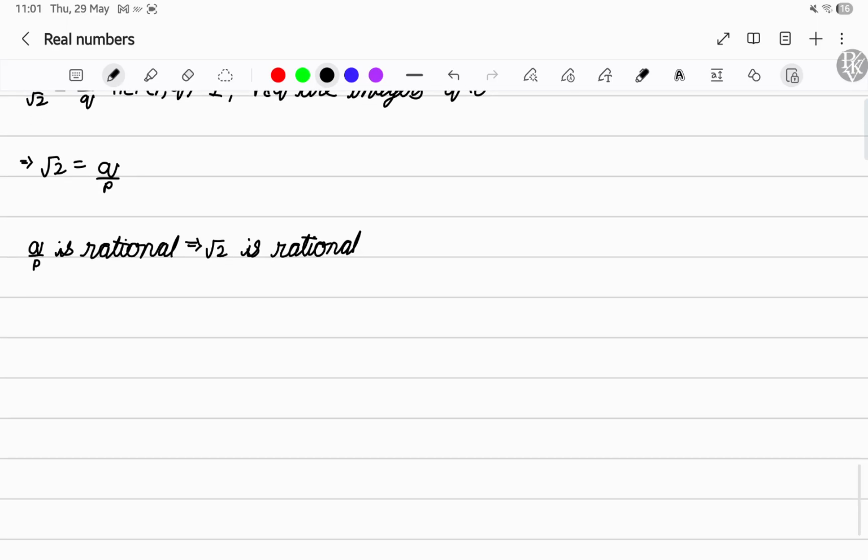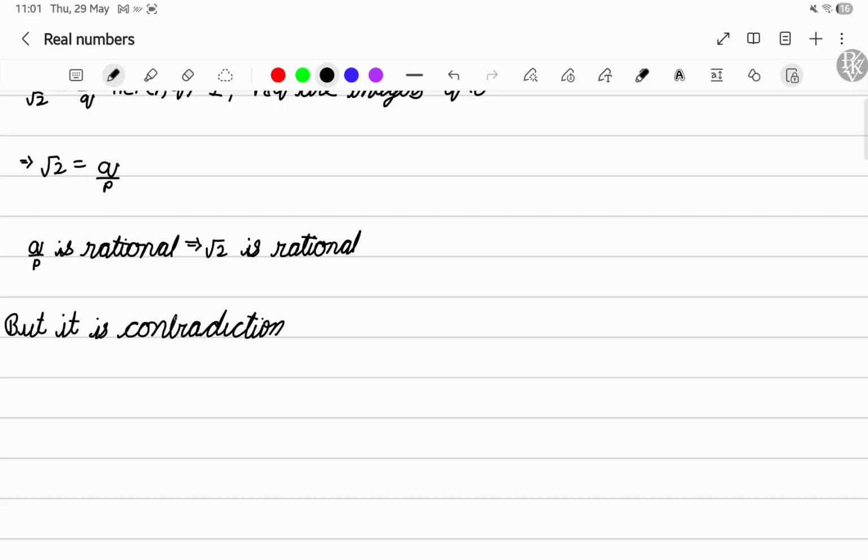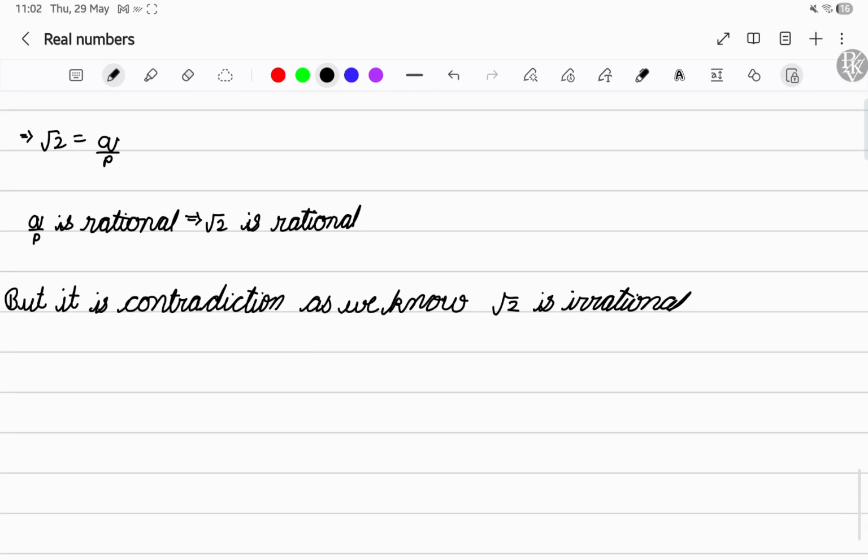But it is a contradiction, as we know root 2 is irrational. So it is a contradiction, as we know that root 2 is irrational.